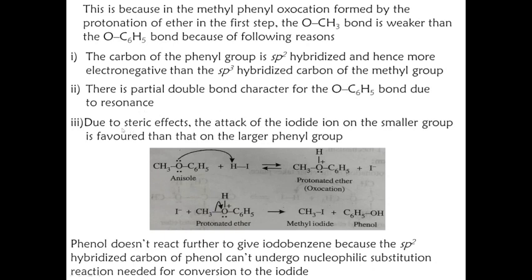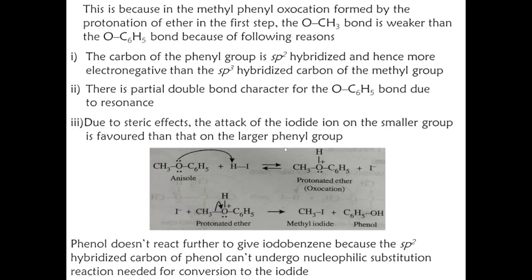And the third reason, due to the steric effects, the attack of the iodide ion on the smaller group is favored over that on a larger phenyl group. So on the ground of steric hindrance, the attack of the nucleophile takes place on the least substituted, the alkyl group. So there are three reasons.